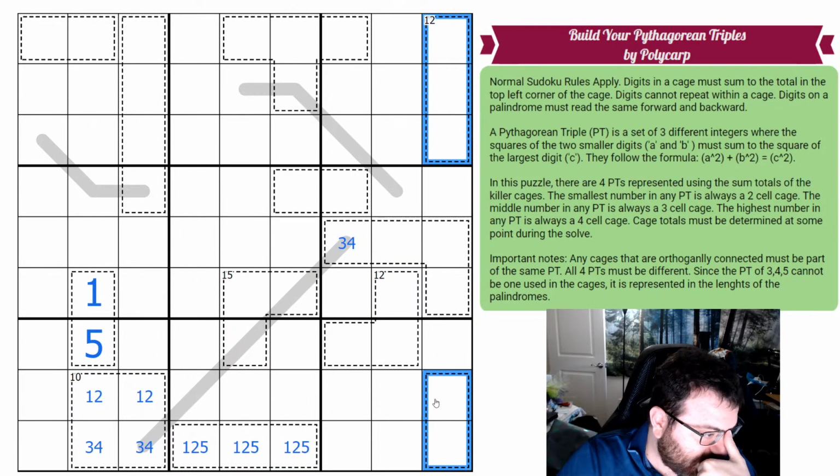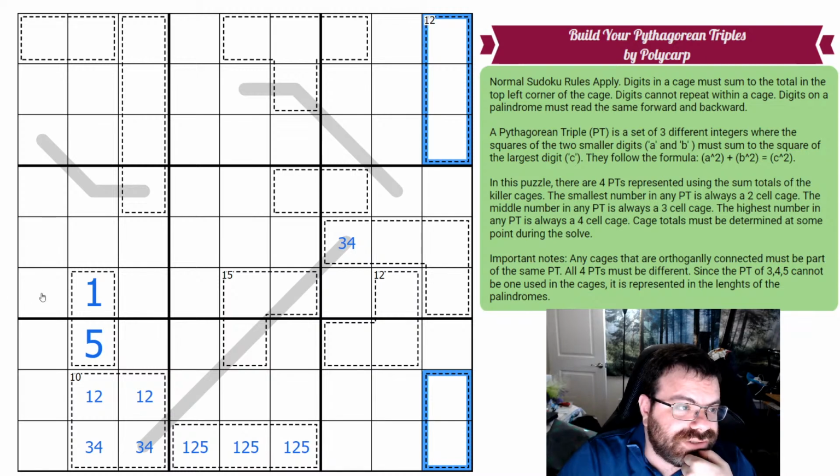Are there any that start with a number larger than 9? I guess they couldn't, because then it would be... Wait, could they? I don't see why they couldn't.